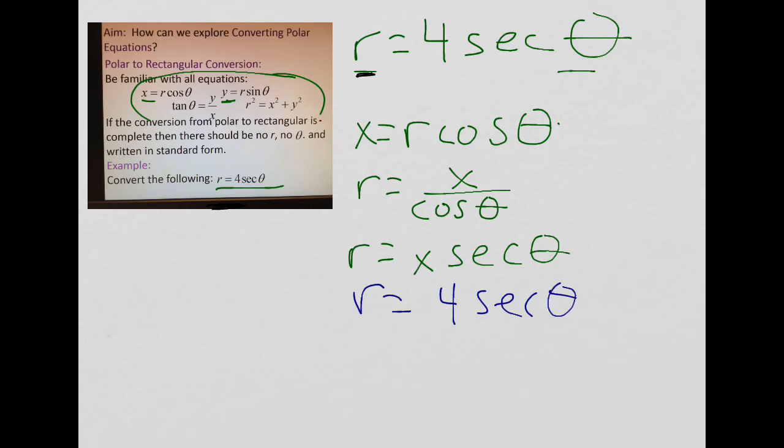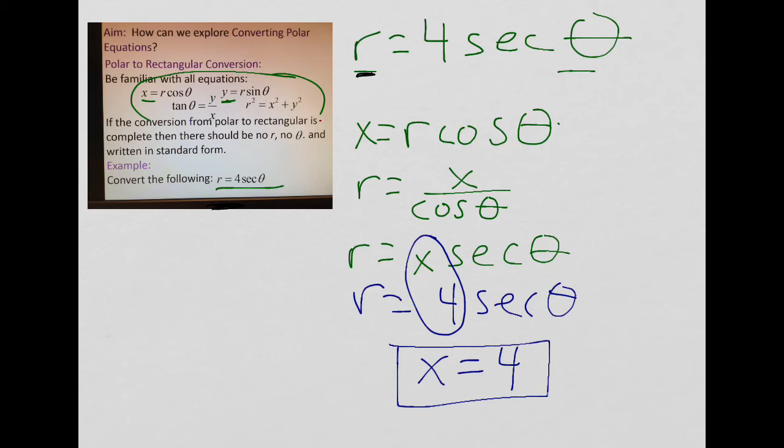Now, although we didn't realize it before, we have that x must be 4. It seems like a solution, but if you remember, this is a standard form of a vertical line. And we just converted our equation into rectangular form.